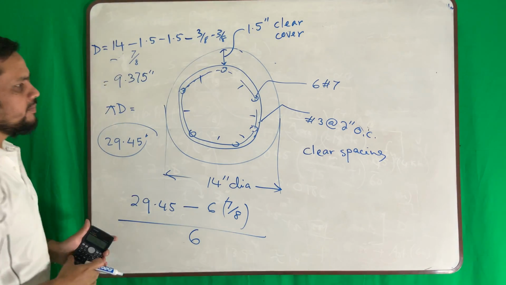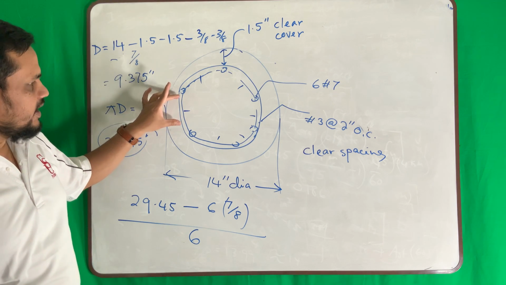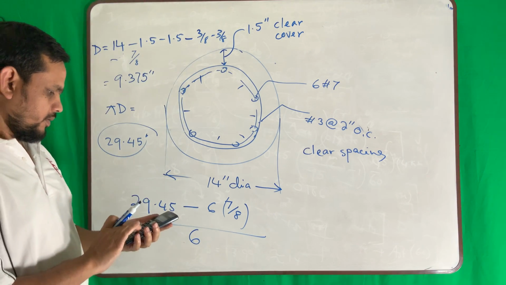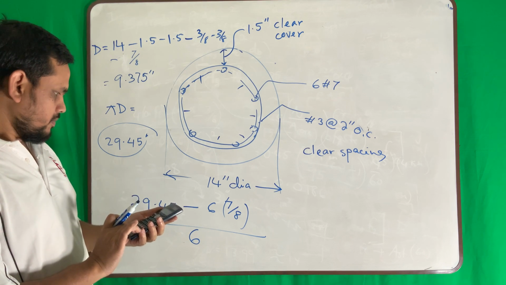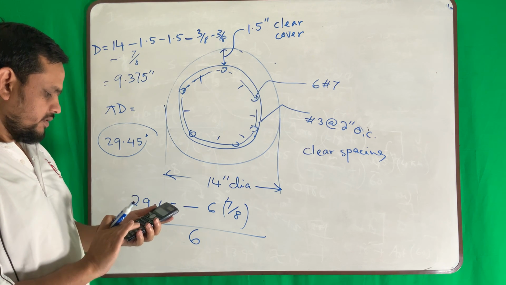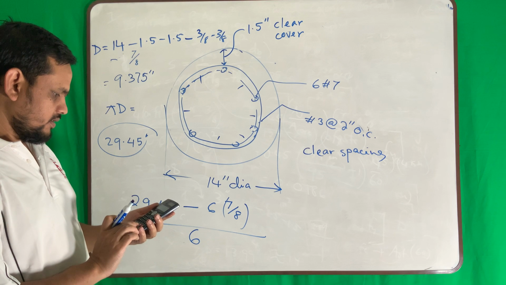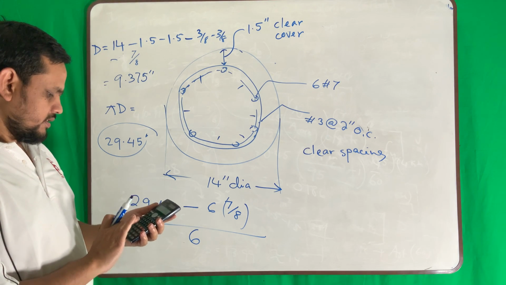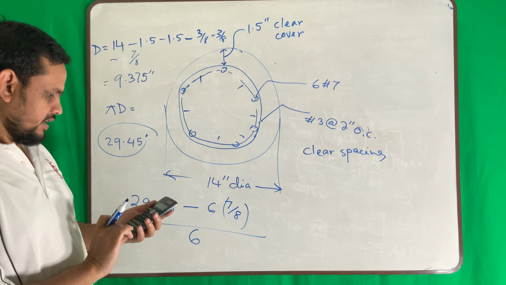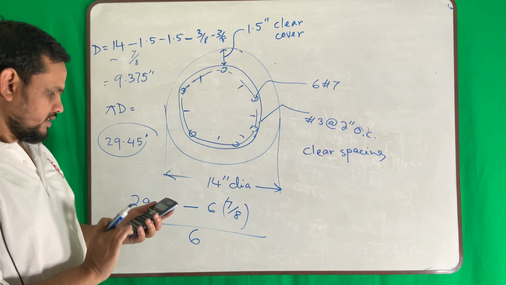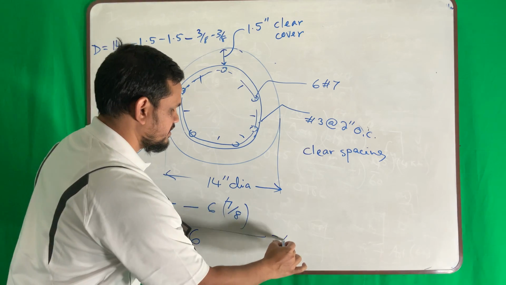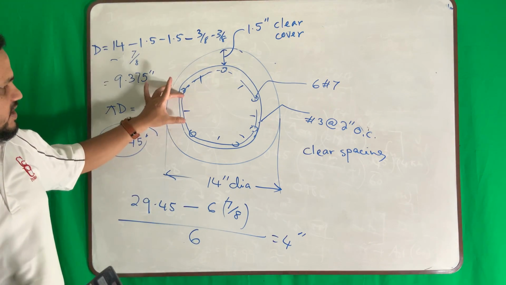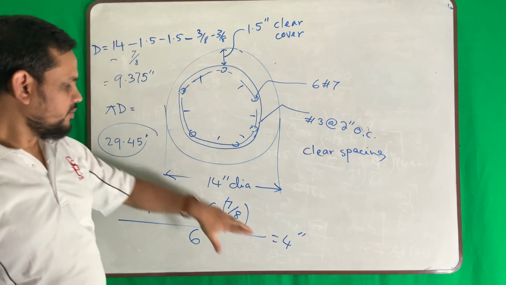So this will give me the clear spacing between bars. So 29.45 minus 6 times 7 divided by 8, divided by 6. I got 4 inch clearly. So my clear spacing between two bars is 4 inch.